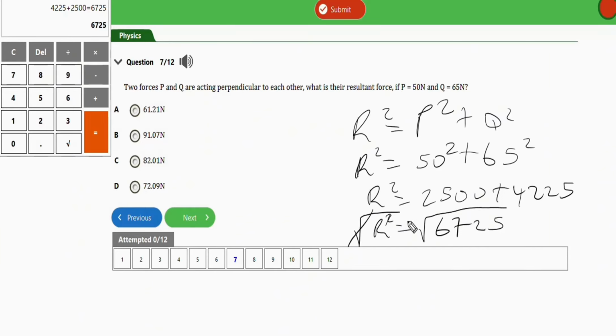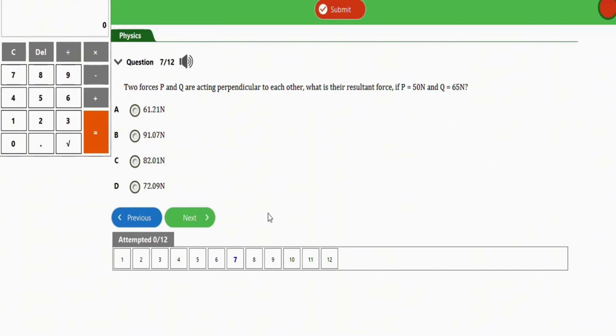So R will be square root of 6725. When you check the square root of this value on the calculator, you're going to have 82.01 Newton. So the correct option in this question is option C. Alright, that's it for this question. Let's wipe this now and solve the next repeated question.